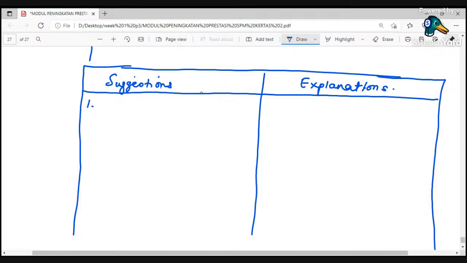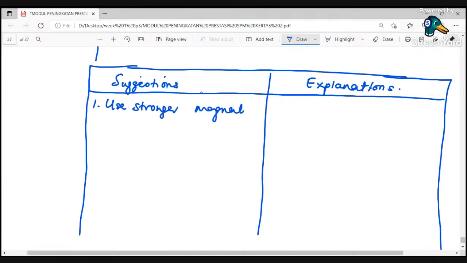Okay, I have 5 modifications to be made. You can put more than 5 if you want. First, we discuss about the magnet. So use stronger magnet. Ataupun you mention use more number of magnets, use larger size of magnet also can.